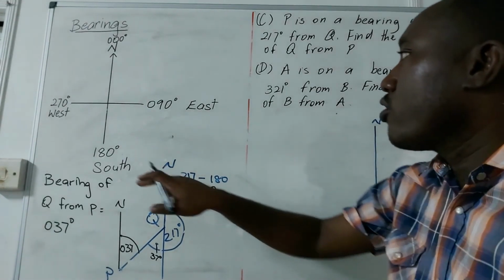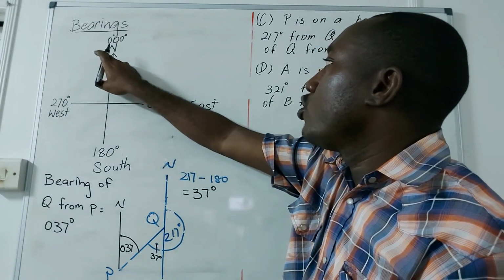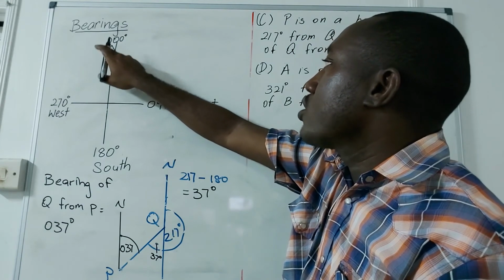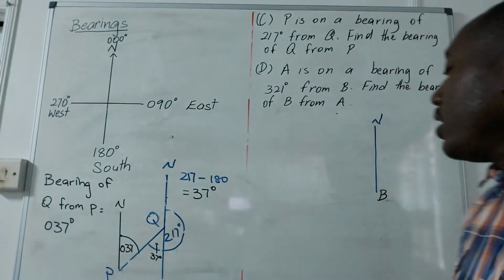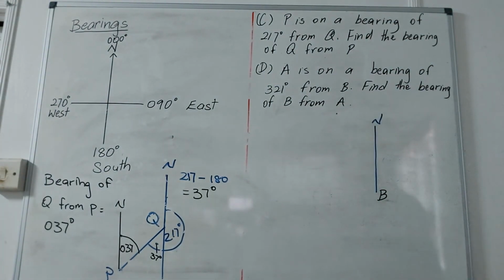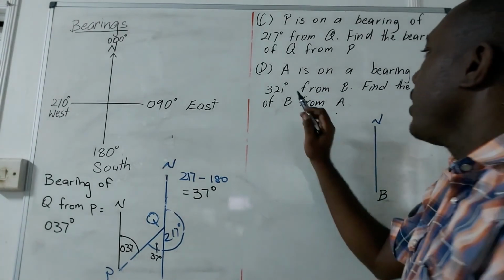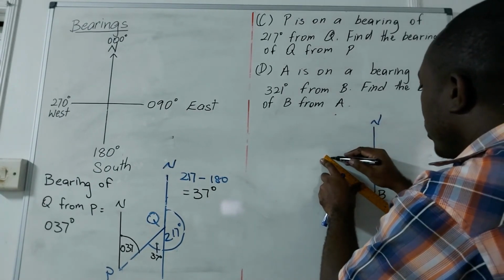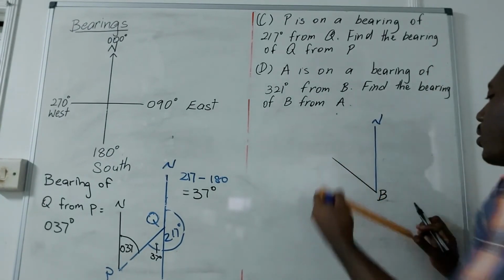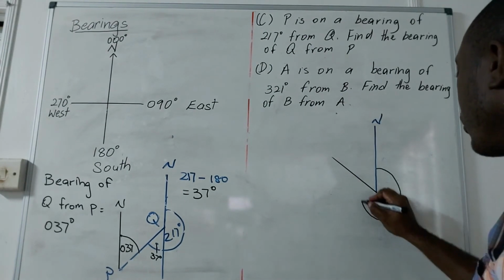So it means that if it's 321, it is between 270 and 360, which will also be equal to 0, since it's on the north line. So here we have our 321. And remember, we're measuring in a clockwise direction. So it's 321 around here.